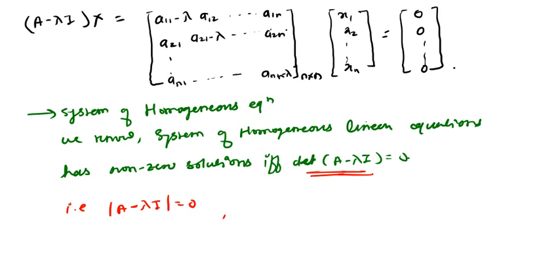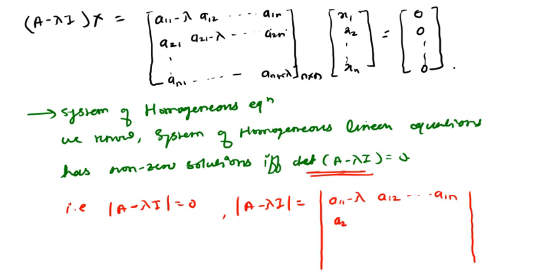So what is the determinant of A minus lambda I? This is the determinant of A11 minus lambda, A12, up to A1n, then A21, A22 minus lambda, and so on up to A2n, and so on up to ann minus lambda, and this will be equal to 0.